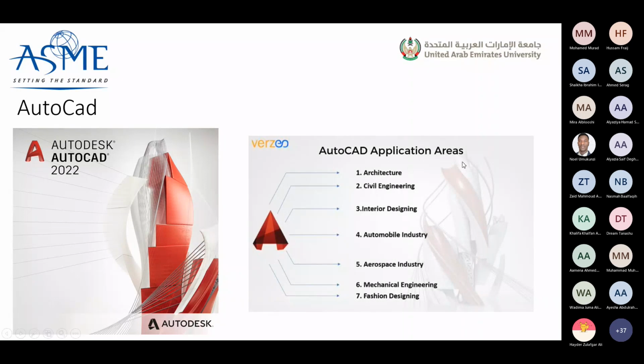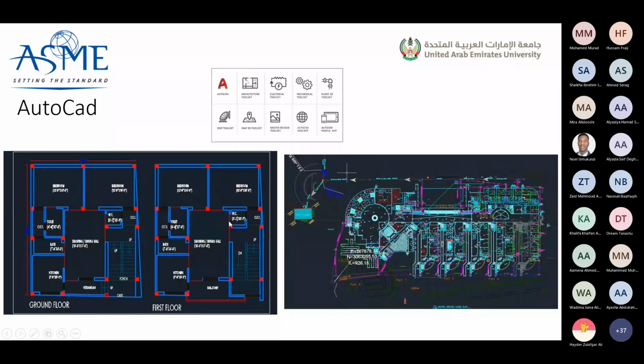Now, the applications of AutoCAD include architecture, civil engineering, interior design, the automobile industry, aerospace, mechanical engineering, and fashion design. If you look at the left picture here, this is the ground floor and first floor. This is an architecture plan for a certain space. I think this is a flat or a villa.